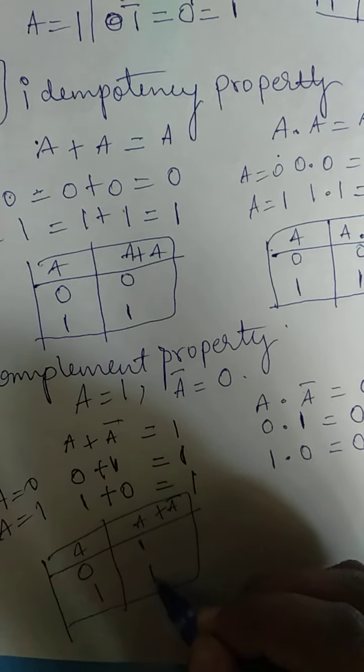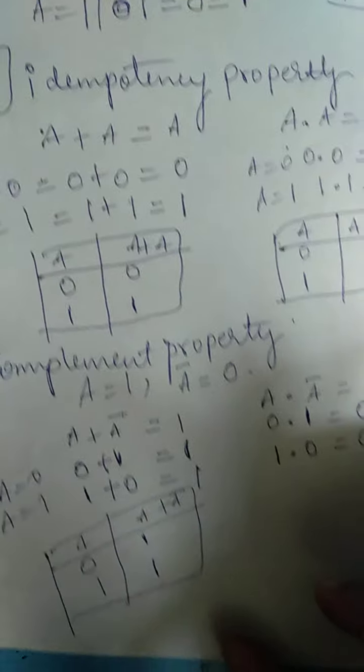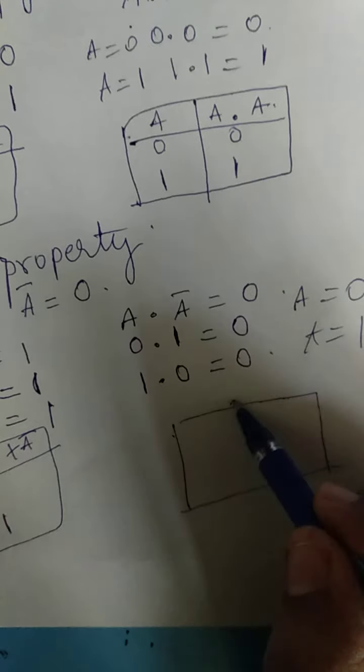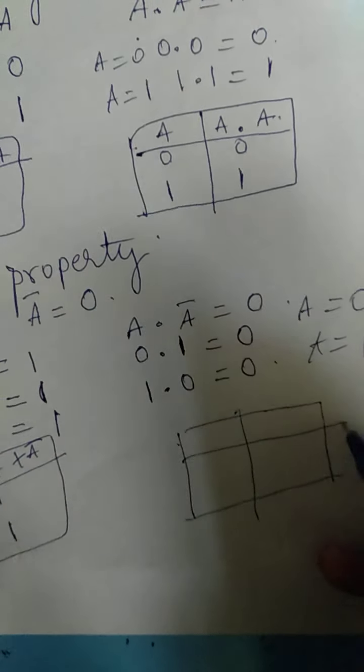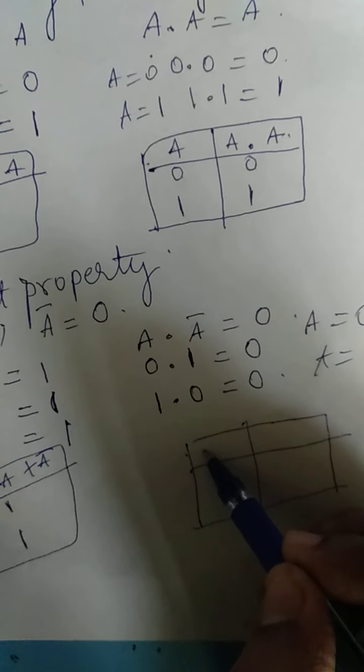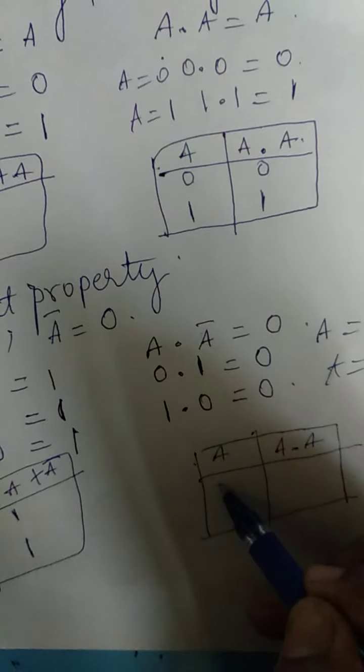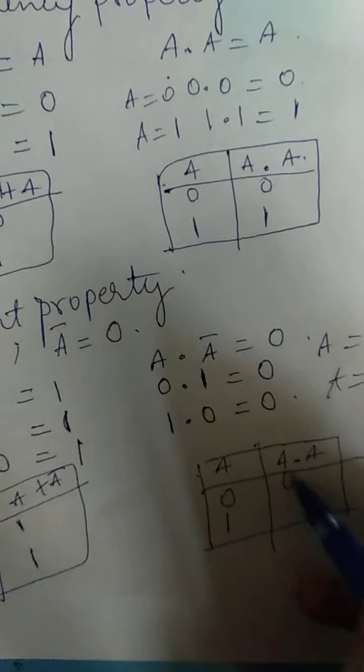So 1 plus complement of 1, it will be 0. The answer will be 1. So for the same, this is a and this is a into a bar. 0, 1, answer is 0.